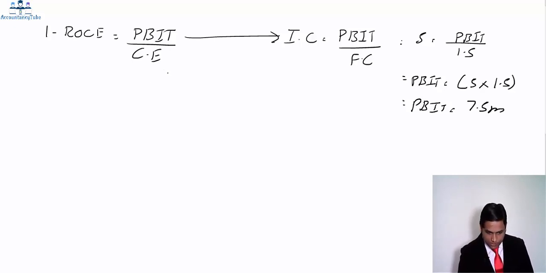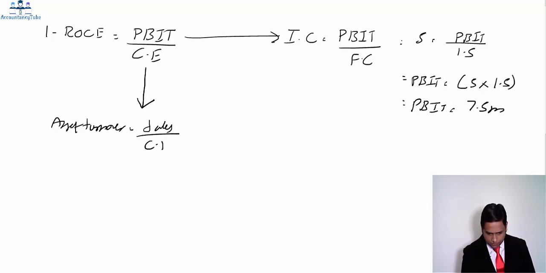Now there is no capital employed given. However, we are given the asset turnover. We know the formula is sales divided by capital employed. Let's look at the example again.